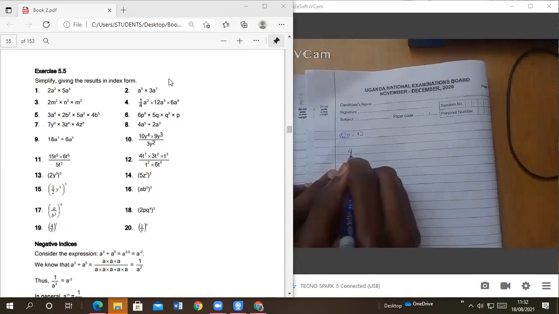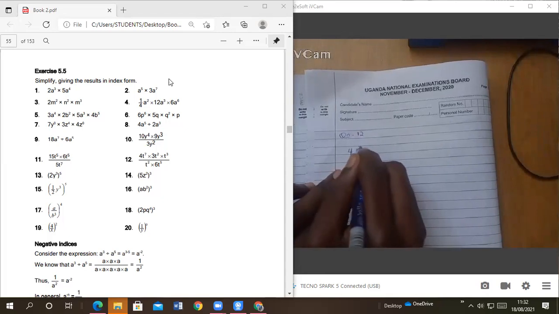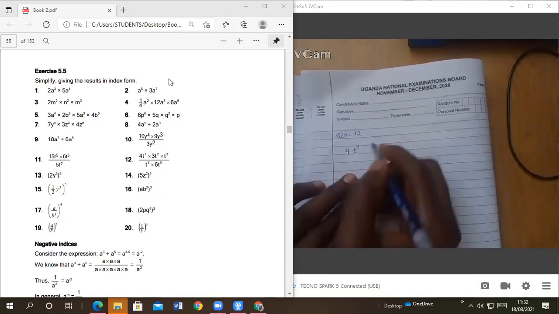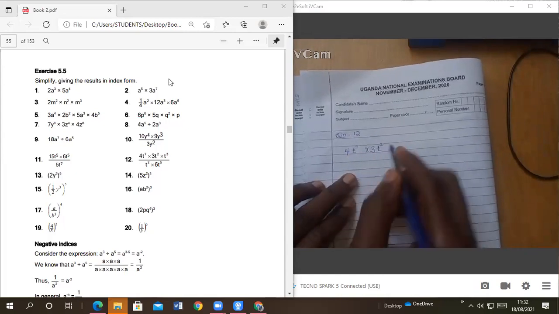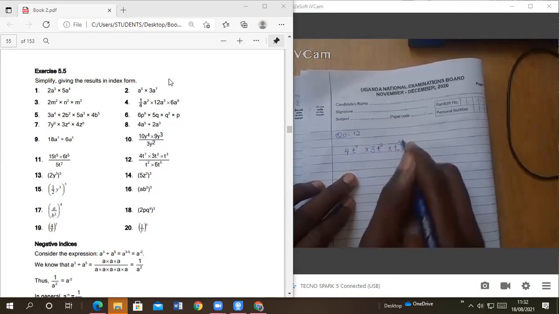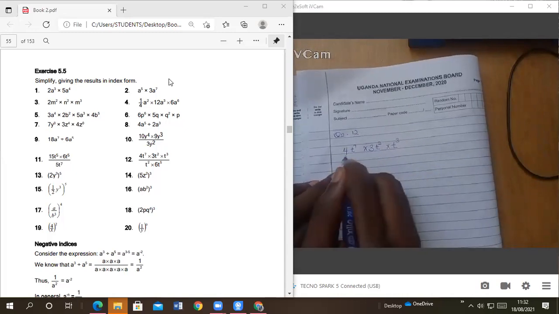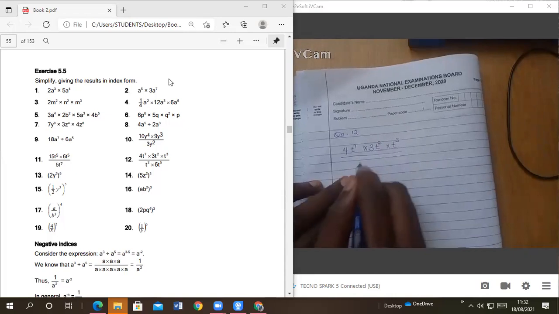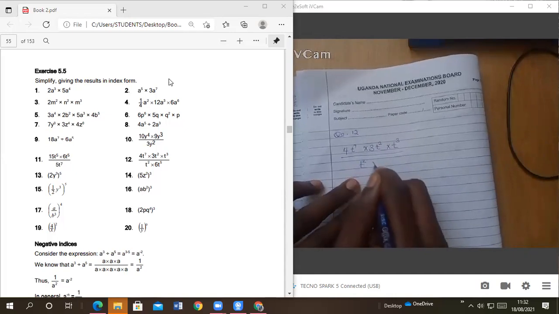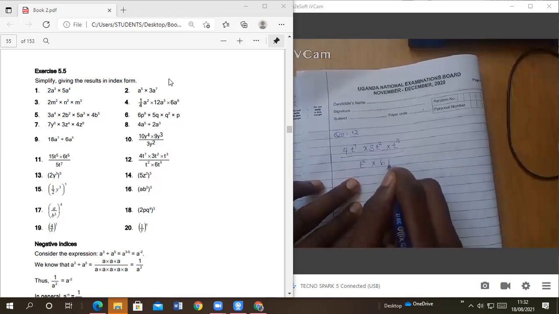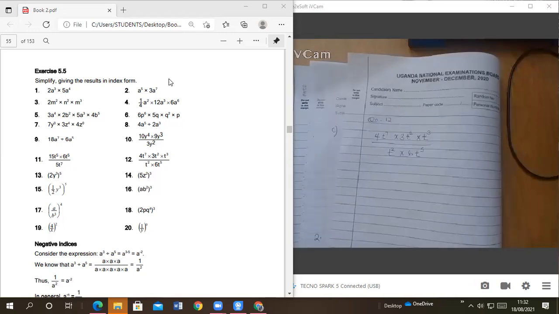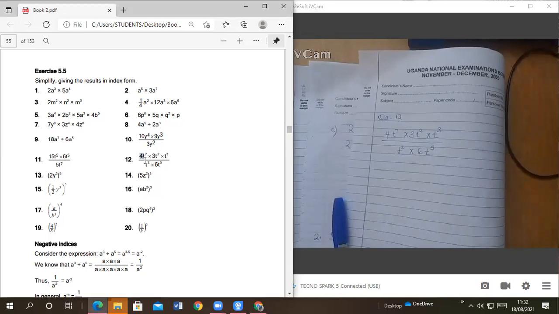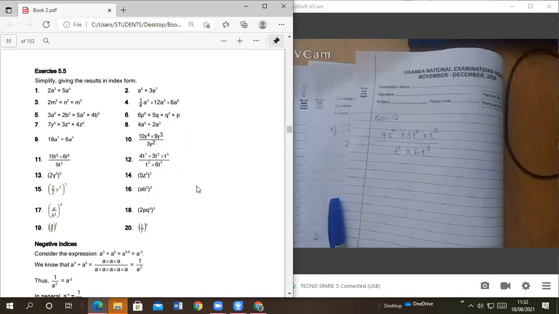We have 4t to the power 7 times 3t squared times t, divided by t squared times 6t to the power 5. Look at question 12, members, this one.